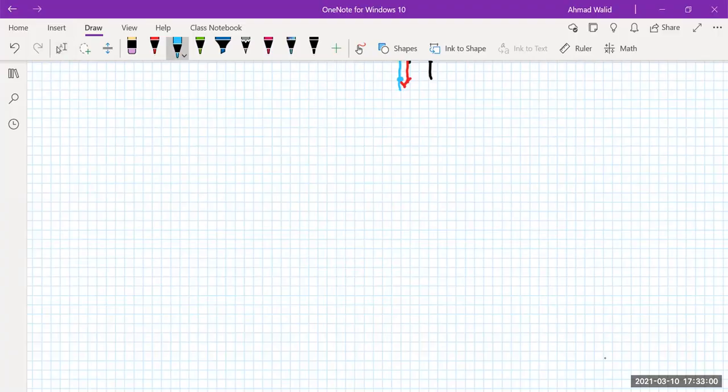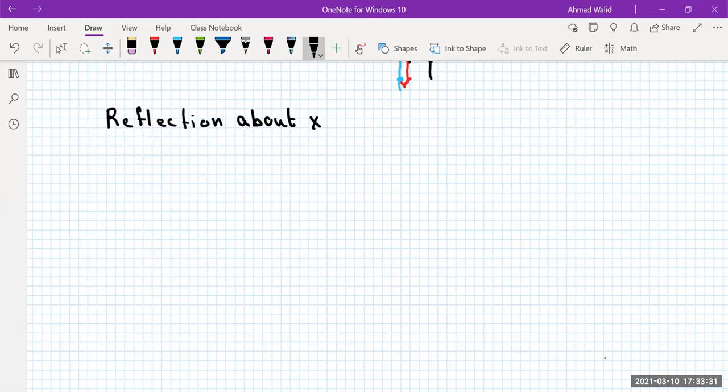Next topic that we want to discuss is reflection. Reflection about y-axis or reflection about x-axis. About x-axis.